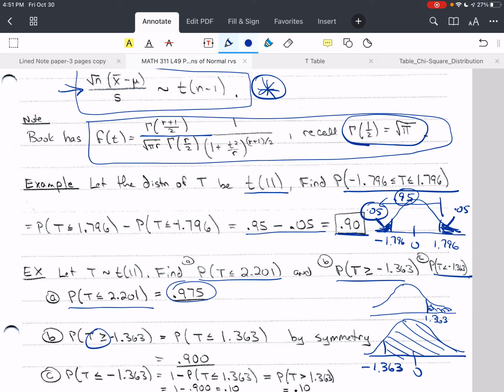Likewise, the area here that's shaded, these are equal. These two areas are the same. So if I look at positive 1.363 and look at the CDF, I'm going to get the right answer. So I look at 1.363, which is here, and I see that the CDF is 0.9. And so my answer is going to be 0.9.